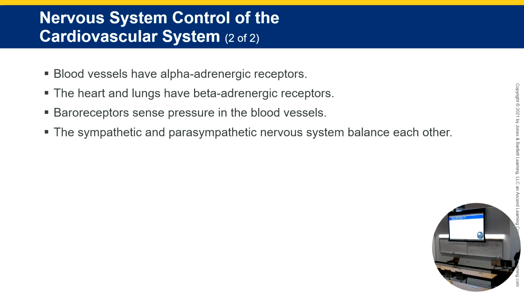Sympathetic and parasympathetic nervous system balance each other out. Yeah, so you have a sympathetic nervous system and a parasympathetic nervous system. Typically, they're both working together in a sense to create equilibrium, okay, to create balance, right? We don't want to be too high, we don't want to be too low at any given point. But it depends on the circumstance. When we're fighting a stressor, maybe when you're going to be performing or doing your scenarios in front of everybody, your sympathetic nervous system is going to kick into drive a little bit because of the anxiety, okay?